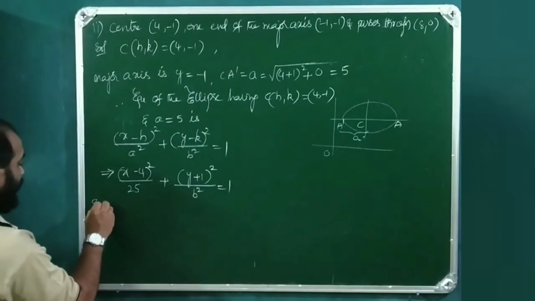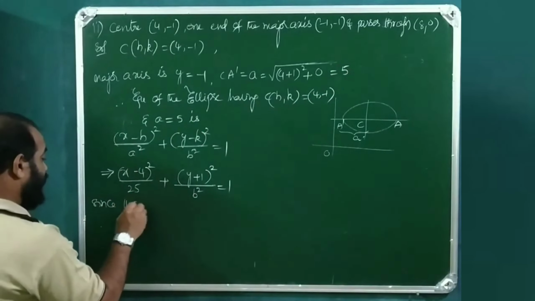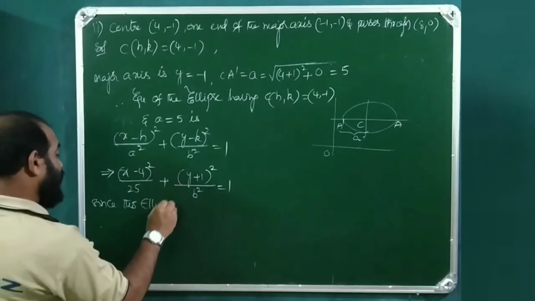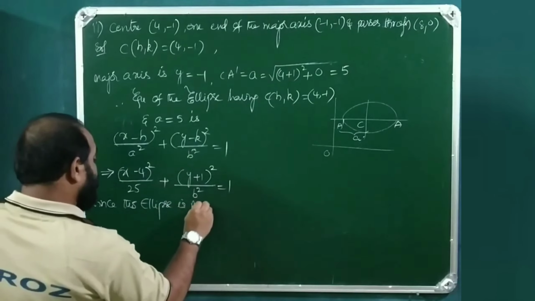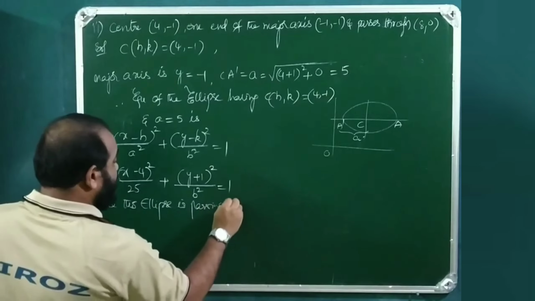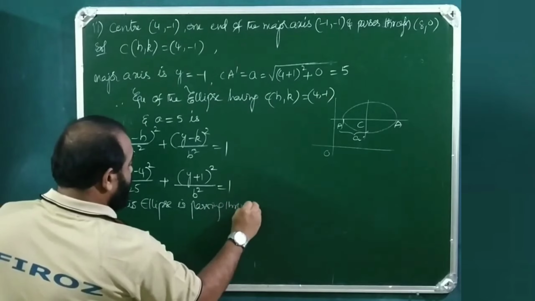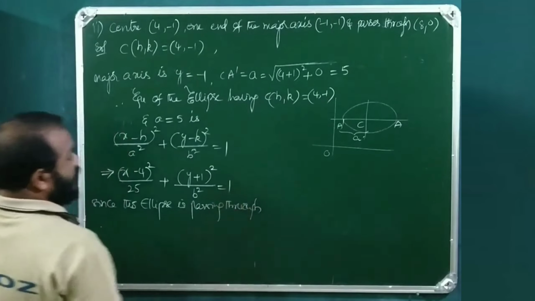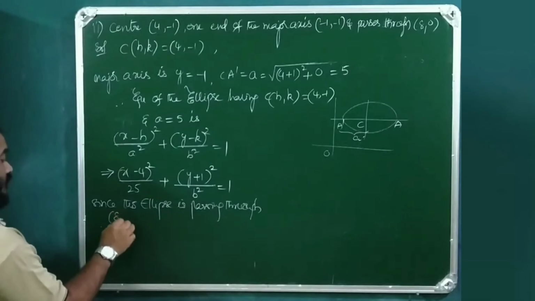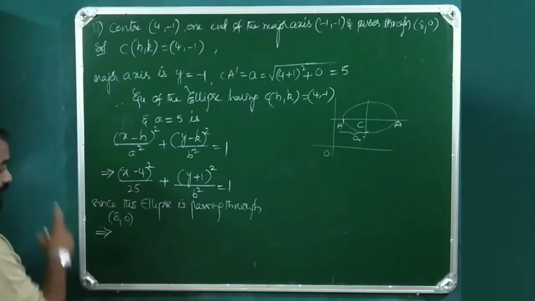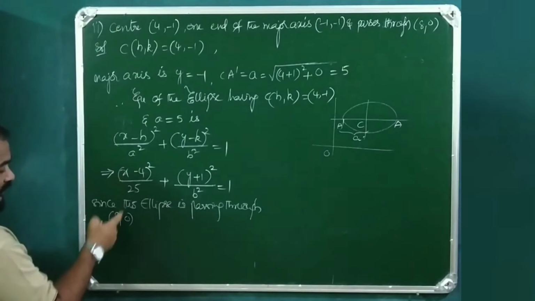Since this ellipse is passing through (8, 0), this implies in the place of x substitute 8.